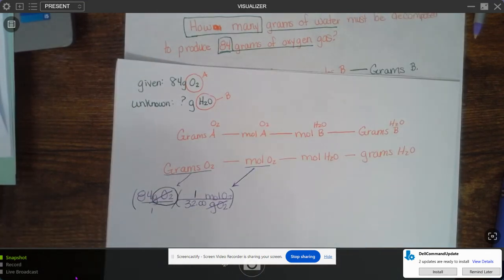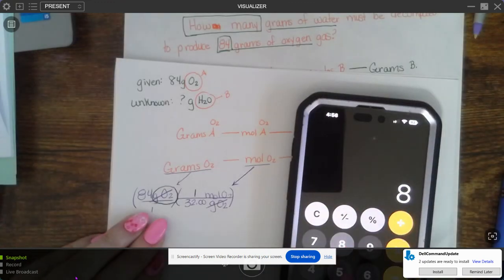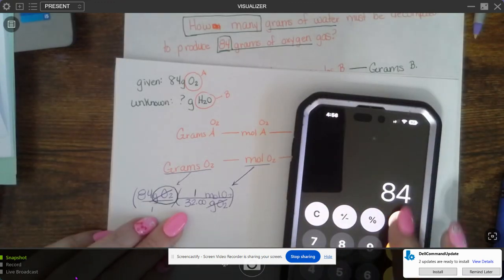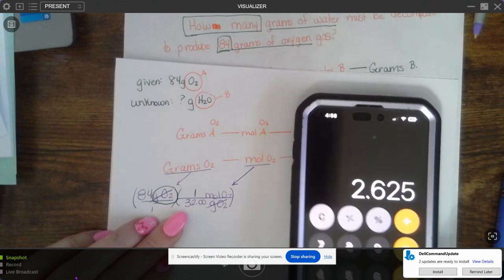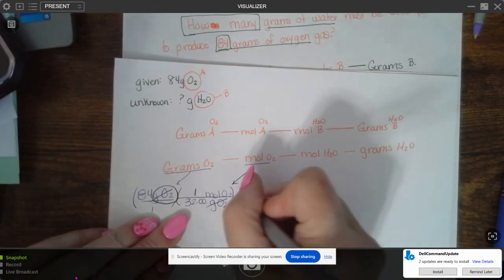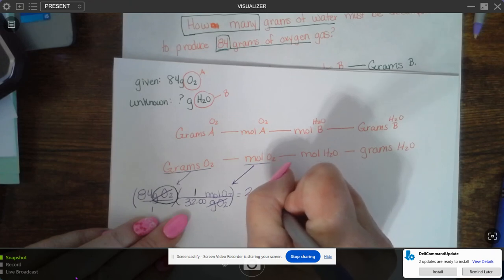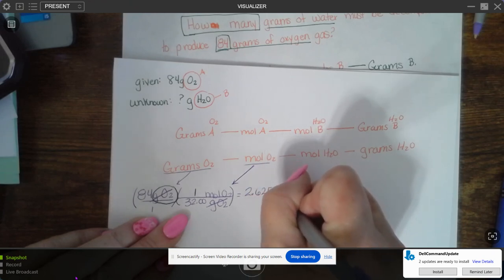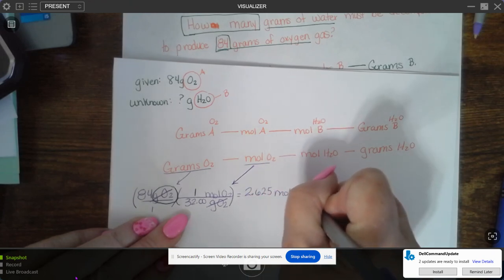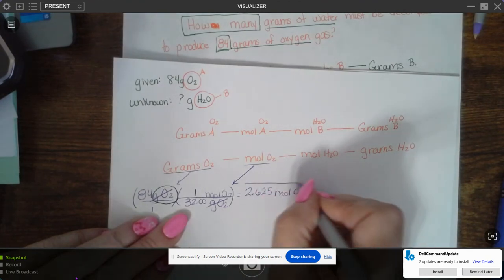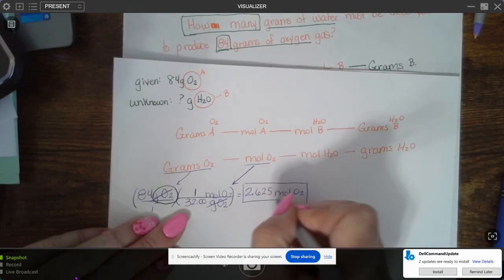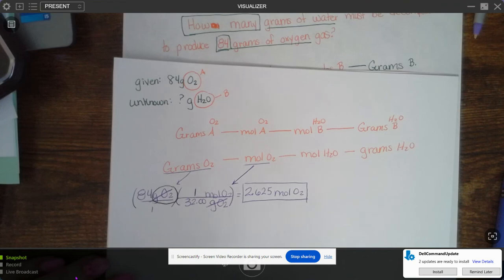So let's calculate. 84 divided by 32 is 2.625, so that gives us 2.625 moles of O2. That's the answer for my first step.